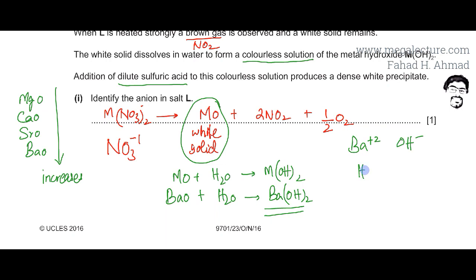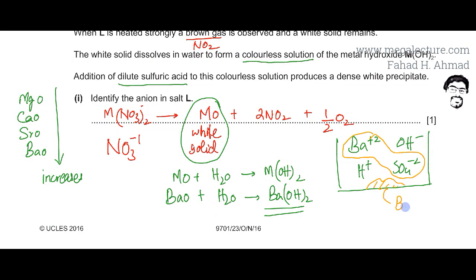And if you add sulfuric acid, which is also aqueous, the ions would be in dissociated form. If you add them together in a beaker, the barium ions and sulfate ions would get together to form an insoluble precipitate of BaSO4. So that would be produced and the ions would get removed from the solution.